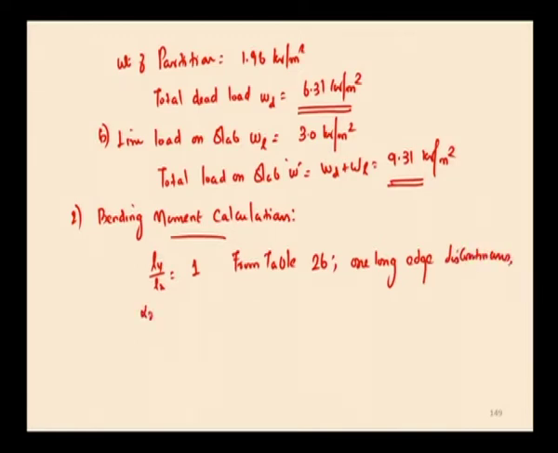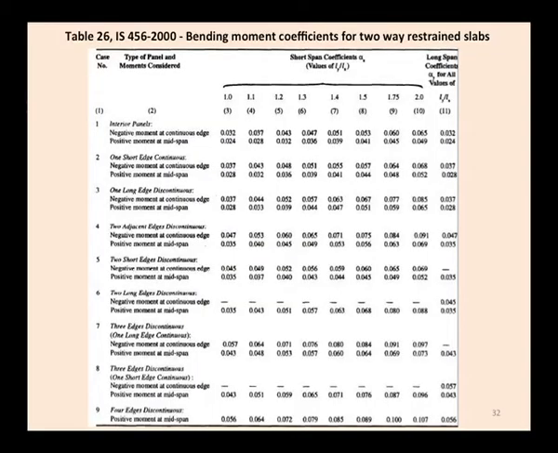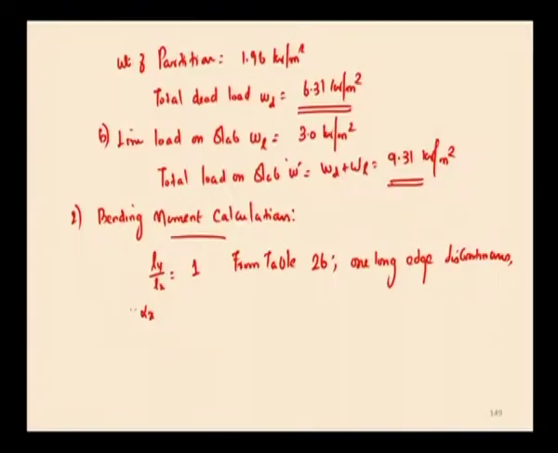So, alpha x, for first one, here one long edge discontinuous, this is the short span coefficients alpha x. First one is the negative moment coefficient, that is alpha x negative moment coefficient.